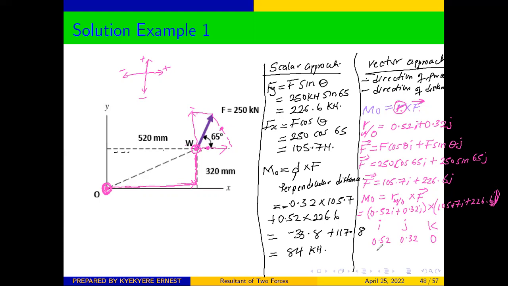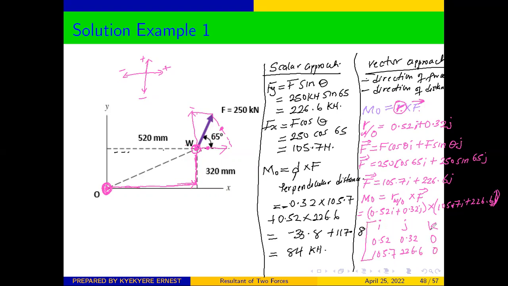Then for the force, our I component is 105.7. Don't add the I because you have already indicated it up there. So here we are going to get 105.7, and the Y component is 226.6. And in the same way, we don't have any component for K, so that will be 0.